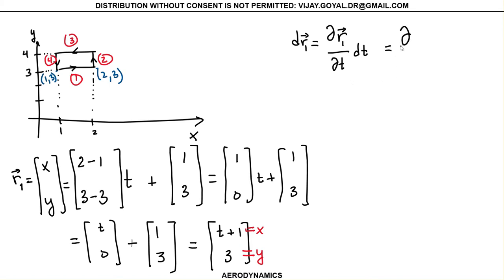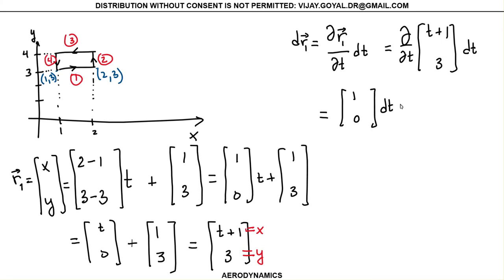So it's the partial with respect to t of (t plus 1, 3) dt. The derivative of the first term gives you 1, and the derivative of 3 with respect to t is 0. So this is all equal to i dt.